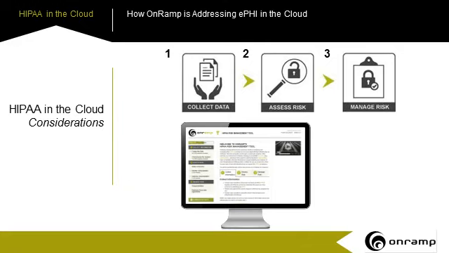The second one is a full-blown, what we call responsibility matrix, that lists line by line every security rule and implementation specification of HIPAA and talks about what OnRamp does and what our customer does to provide HIPAA compliancy. And then the third one is a spreadsheet, actually, of NIST 853 controls for those of you that are involved in much deeper IT security.